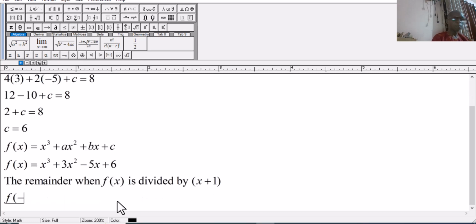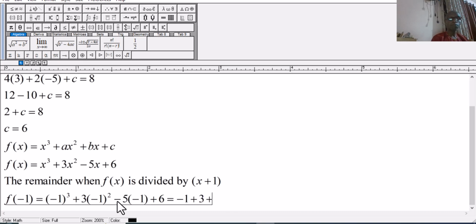So f of minus 1 will be equal to minus 1 whole cubed plus 3 into minus 1 whole squared minus 5 into minus 1 plus 6. So what that gives us is minus 1 plus 3 plus 5 plus 6. So that's 11, 14, and that's 13.